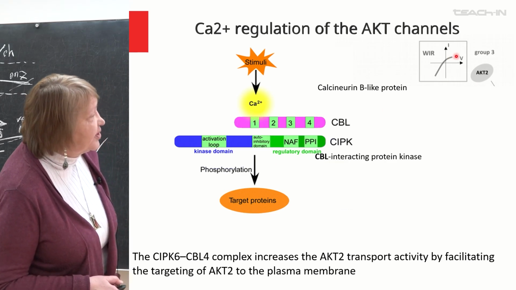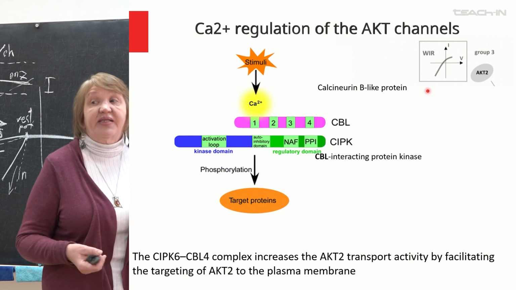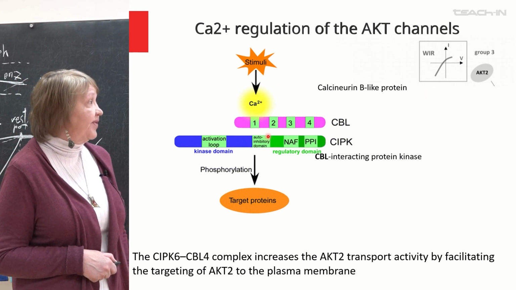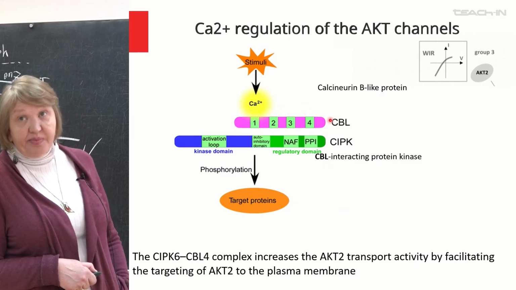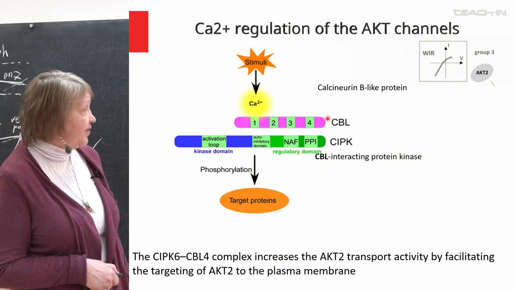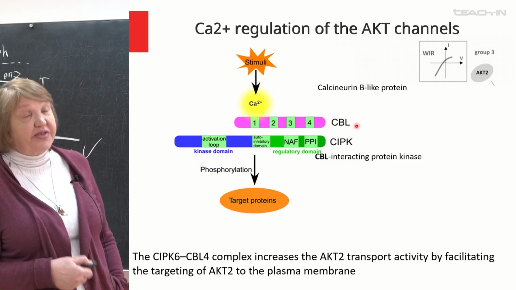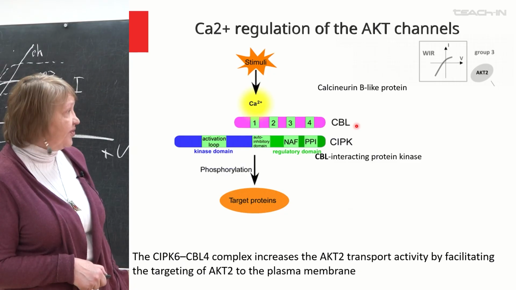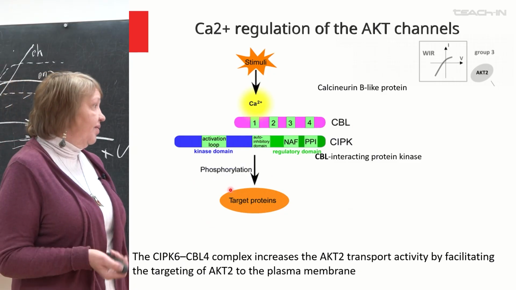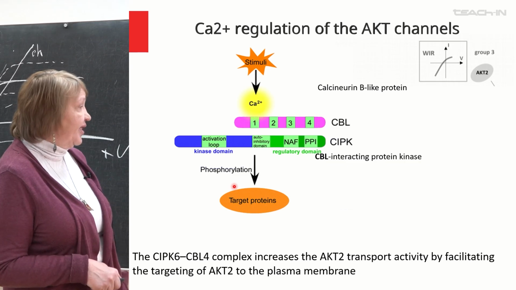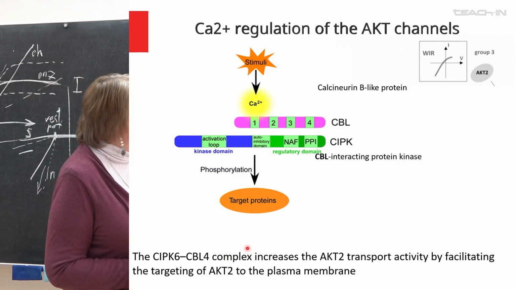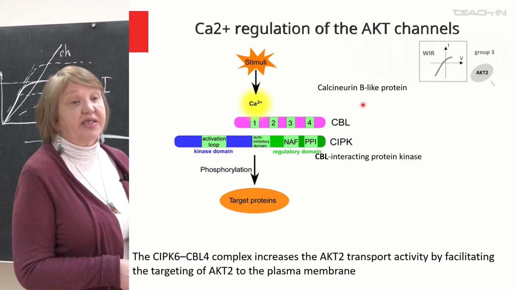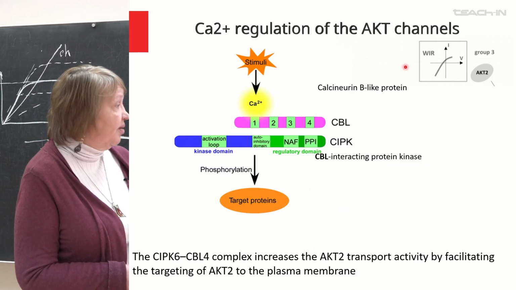You remember this mildly voltage-regulated channel, and when calcium increases, it activates calcineurin B-like protein, which activates calcineurin-interacting protein kinase, which phosphorylates the protein. But in this particular case, this complex increases AKT2 transport activity by facilitating its introduction into the plasma membrane.